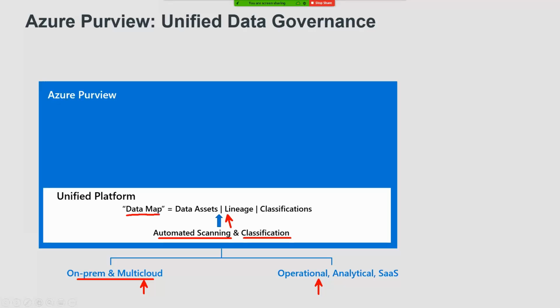And here we have it. It's the inventory, the map of our data estate, the data assets. An asset in Azure Purview is a thing, an entity. That can be a file, a folder in a data lake. That can even be a table in a database. That can also be a pipeline in Azure Data Factory, and so on.